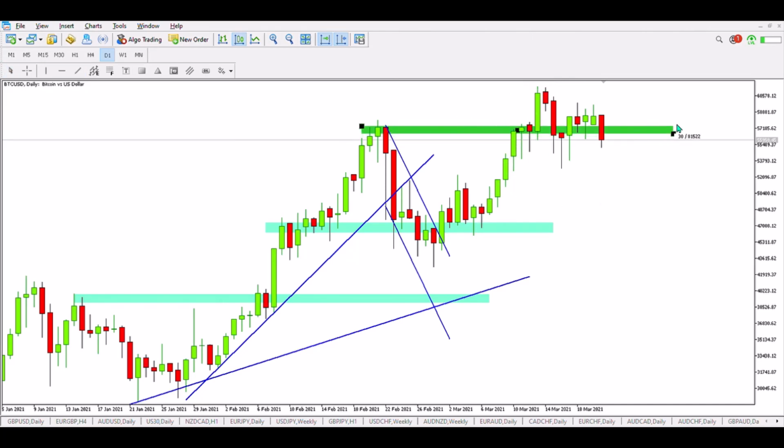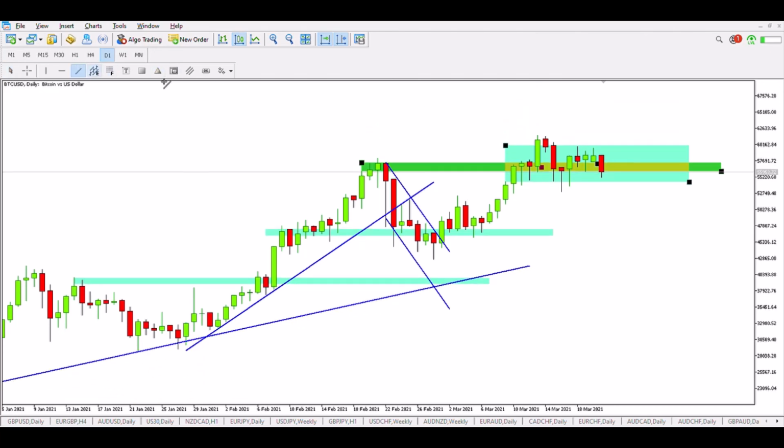Now this resistance held for 2 days but then got broken, then retested, and now we are consolidating around it. So we have to wait until this consolidation box, let's draw it like this, breaks out.